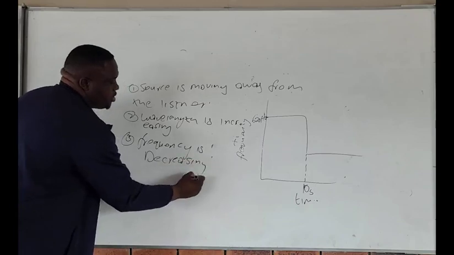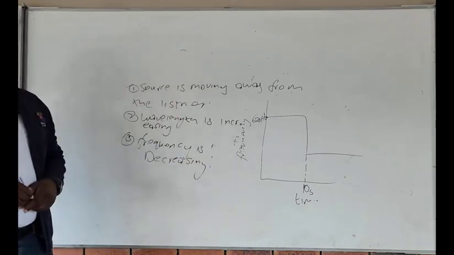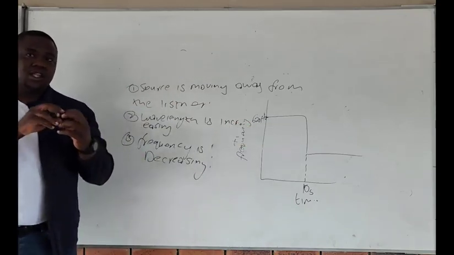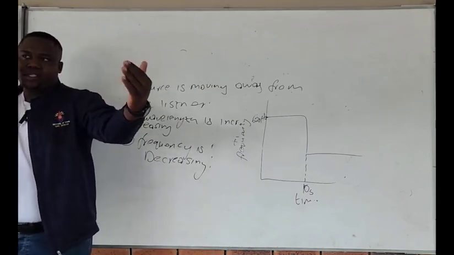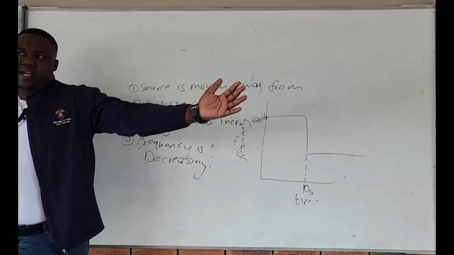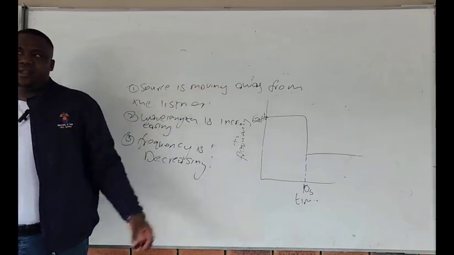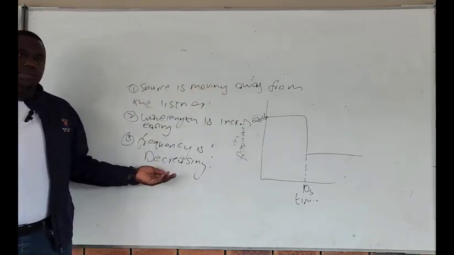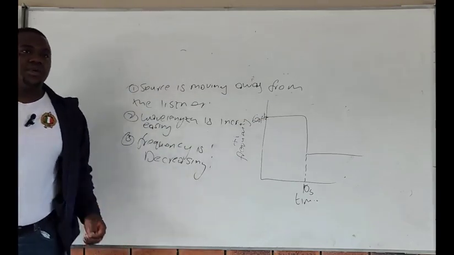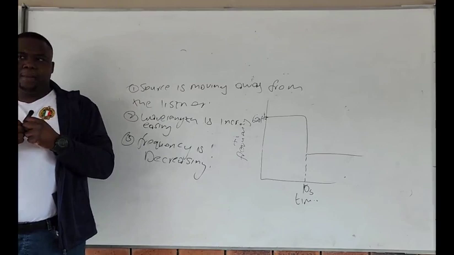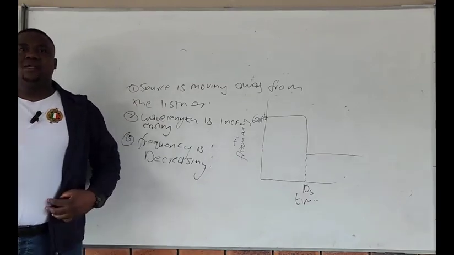The frequency is decreasing because the wavelength between the sound source and the listener is becoming larger. Then it means the frequency that is going to be perceived is going to decrease. That's why we have a sudden decrease. It's because the sound source is moving away from the listener.